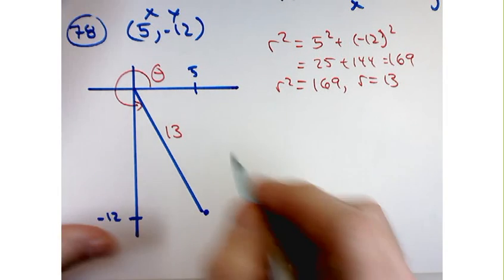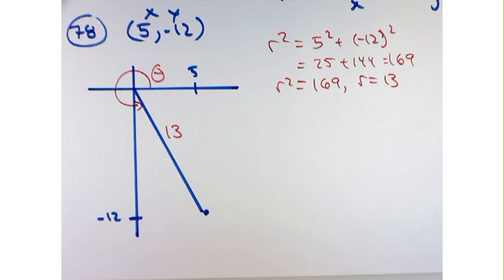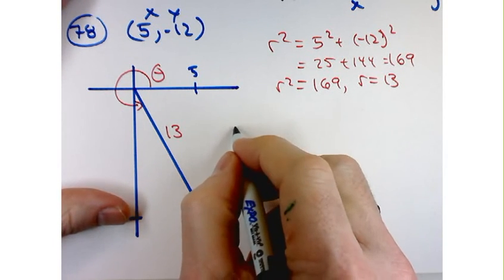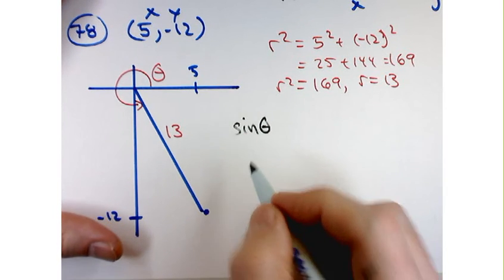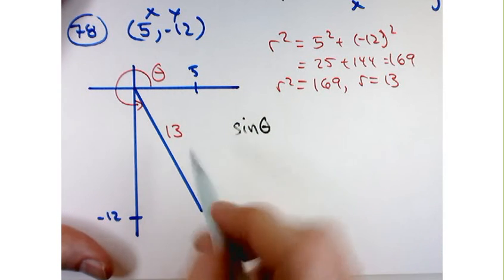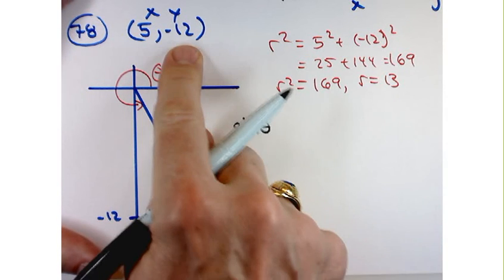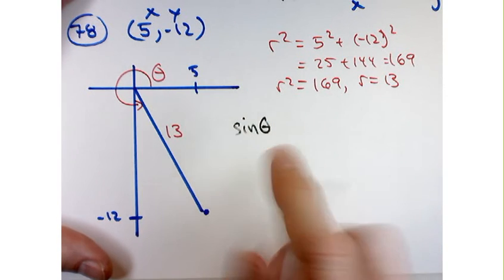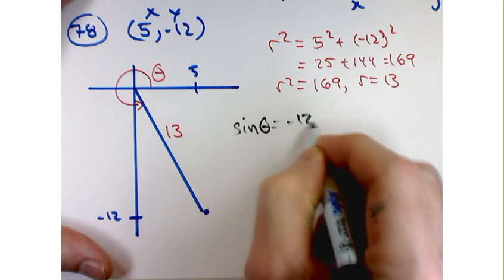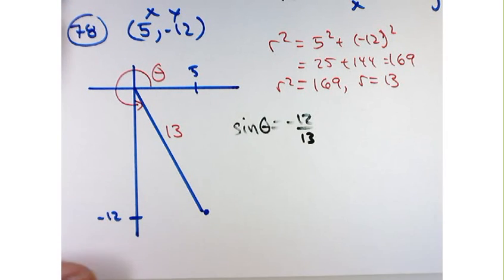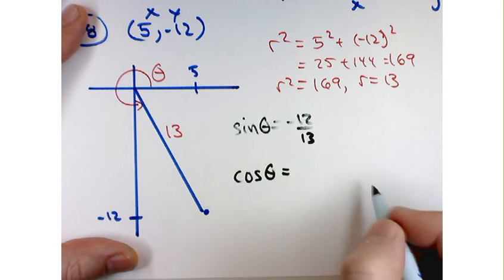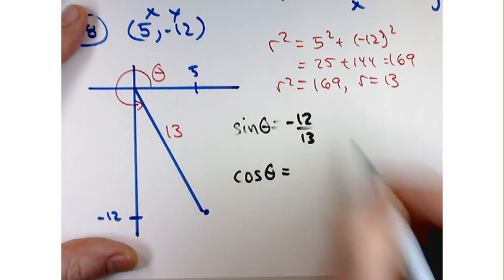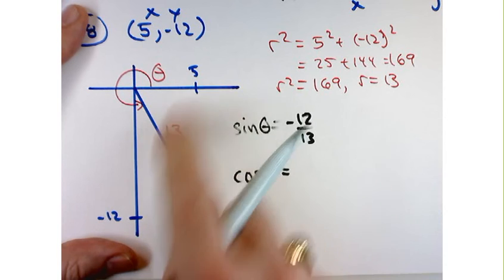With this, I can fill in all my sines, cosines, and tangents, and more. Sine of theta is going to be the y-coordinate, which is this, divided by r. So it's going to be negative 12 over 13. Cosine of theta is going to be the x-coordinate divided by r.